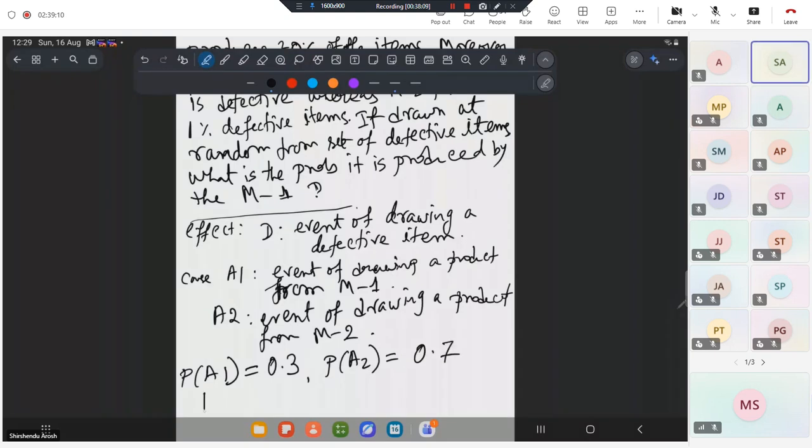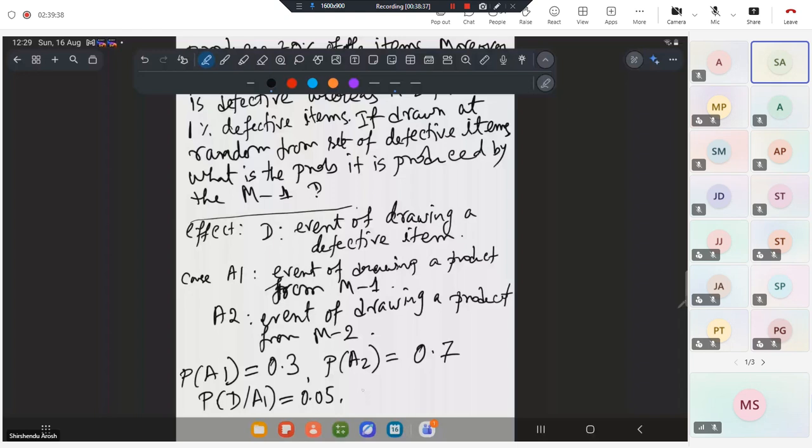The probability of defective items, given that it is coming from machine 1. So here the effect, given that you have the cause, that is given that you are drawing from machine 1, what is the probability of a defective item? That is 0.05.